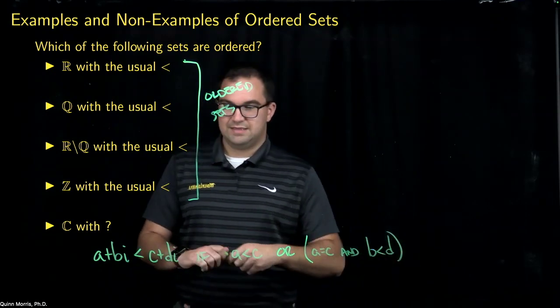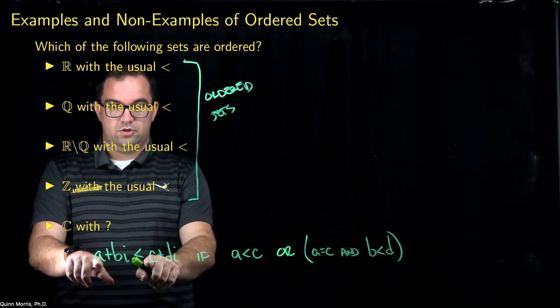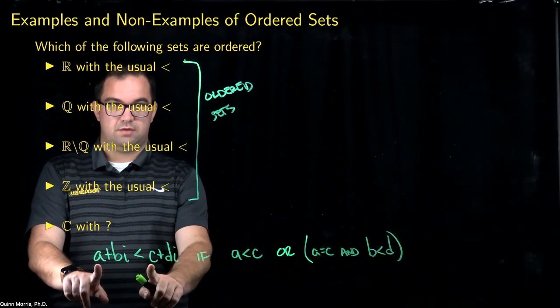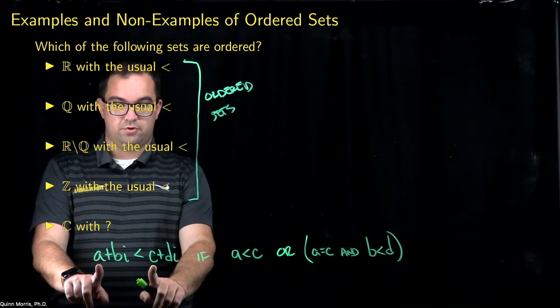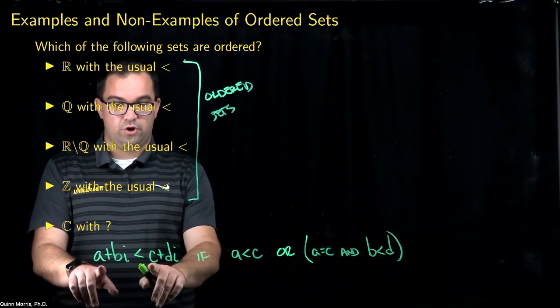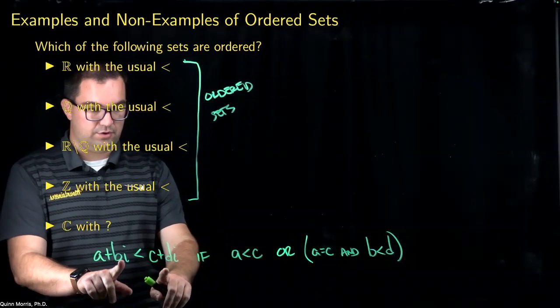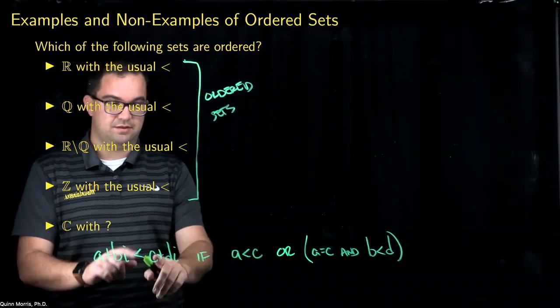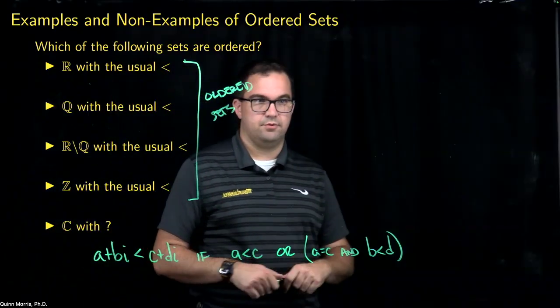Okay, so the idea is I'm going to compare these two numbers by looking at the real parts. If the real part of this number is less than this, then I'll say, okay, this is less than this. If the real parts are equal, then I'll move to the complex parts and I'll say, okay, if this is less than this, then this complex number is less than this complex number.